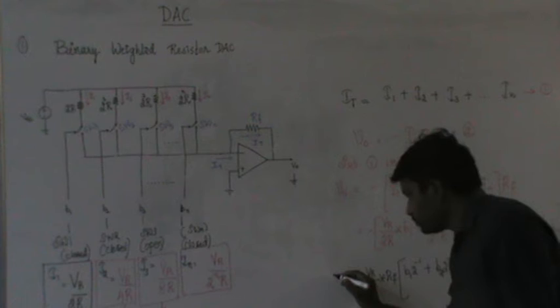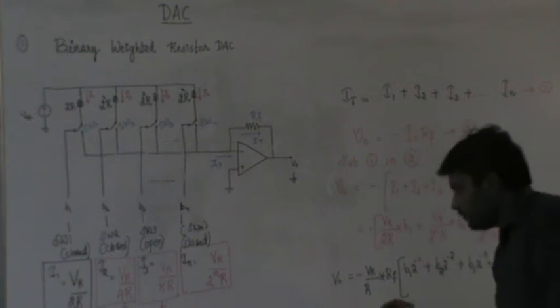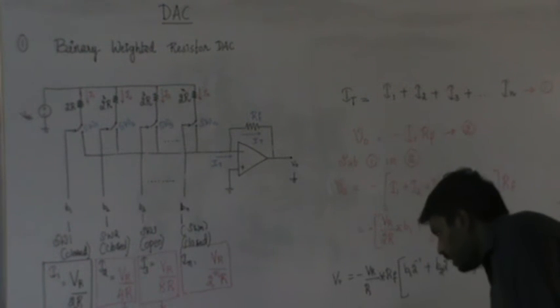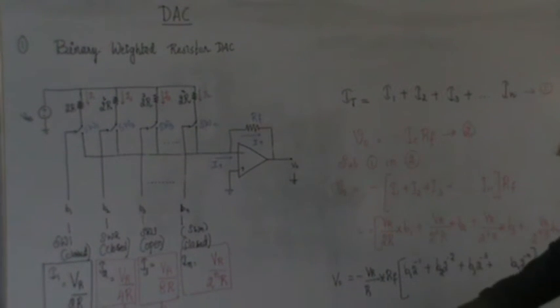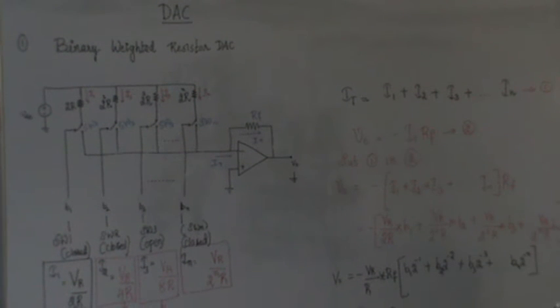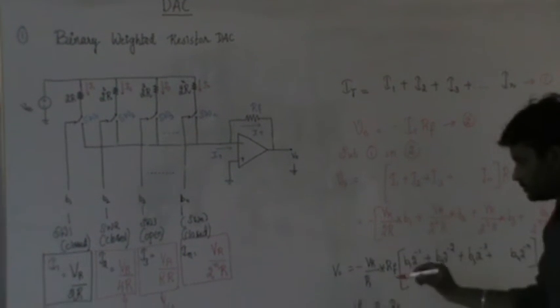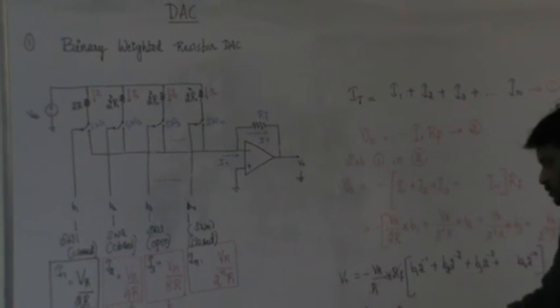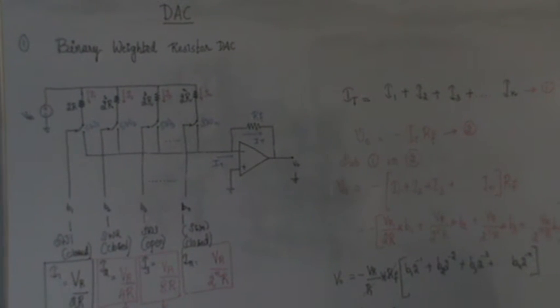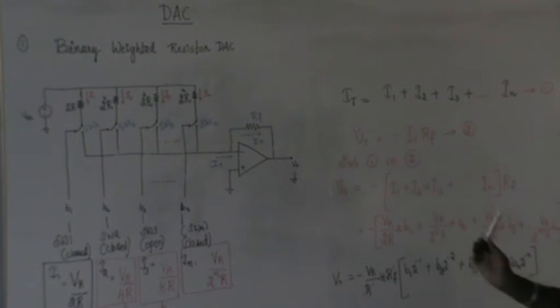But if R is equals to Rf, what happens? I can cancel these two terms. Let me assume that if R is equals to Rf, then these two terms will be cancelled.